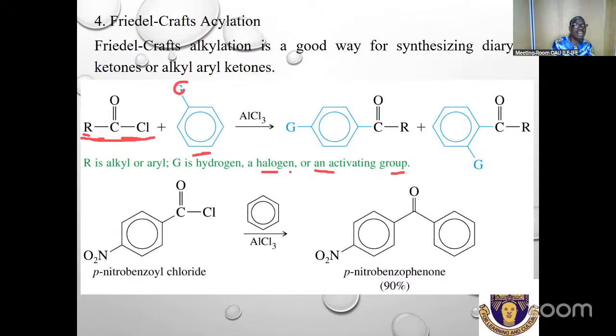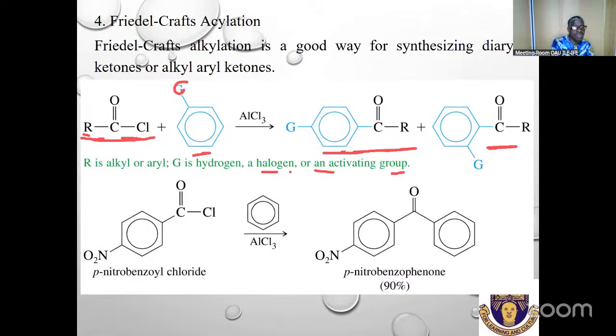Friedel-Crafts always takes place in the presence of aluminum chloride as the catalyst. So this reaction will give this alkyl aryl group, and that is a ketone.